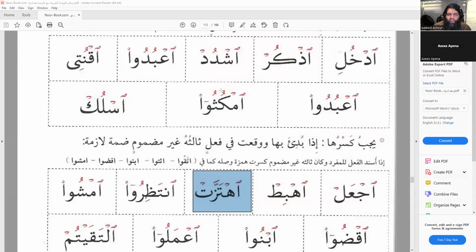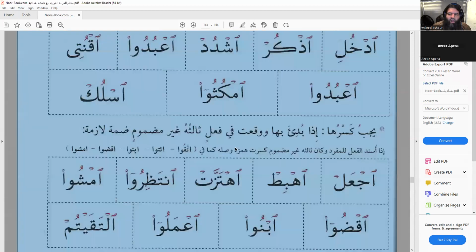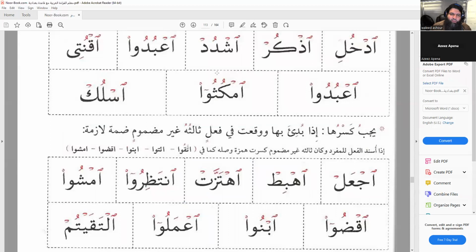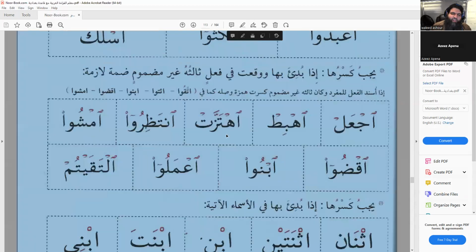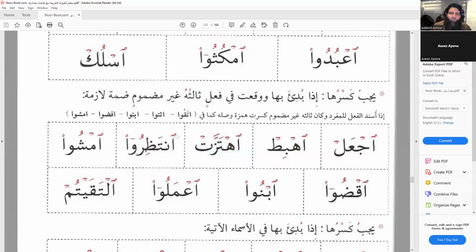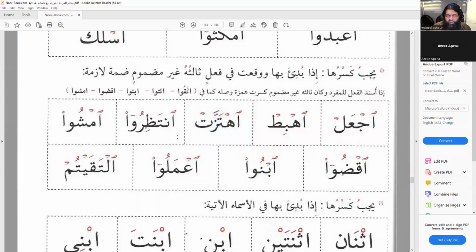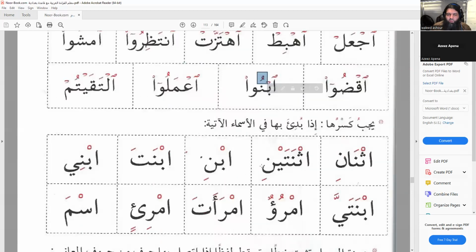It will only say u with this dhamma, and to get the full application of this rule, we'd have to know what the singular form of these verbs looks like, and that's beyond our scope right now. So if you ever see a word where the third letter has a dhamma, just go ahead and say u until we can get deeper into the Arabic language.